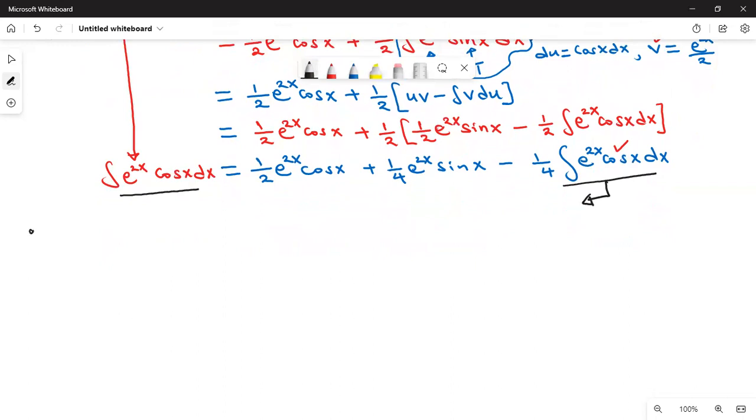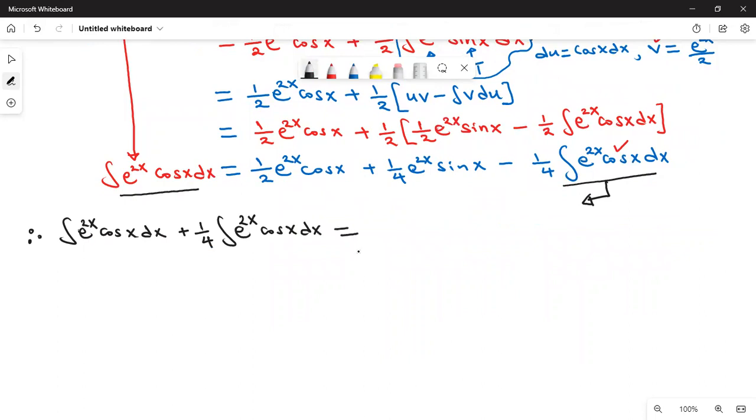So you say, therefore, the integral of exponential 2x cos x dx, when you take it to the left, it now becomes plus 1 over 4 times the integral of exponential 2x cos x dx.